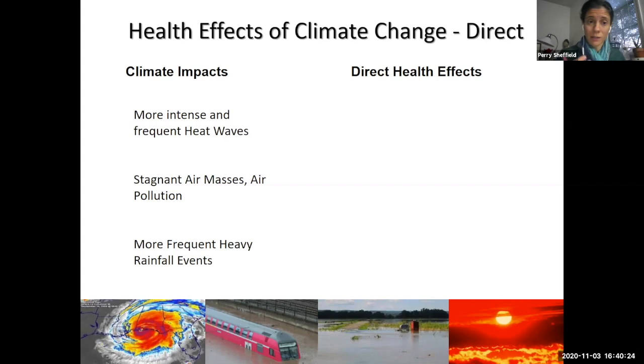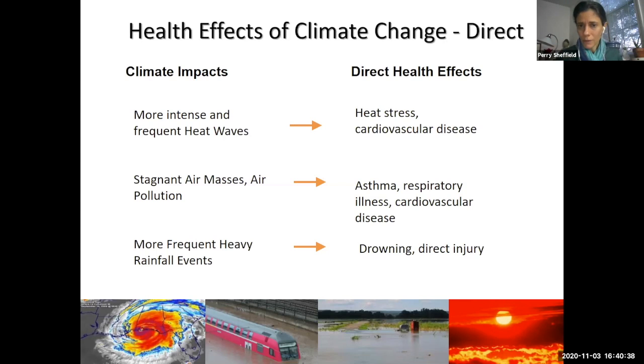Whether that's more intense heat waves, stagnant air masses or air pollution from changing weather patterns, or more frequent rainfall events, those can directly impact humans by causing heat stress and cardiovascular disease events, asthma, somebody mentioned, or direct injury like drowning. Yep, somebody just mentioned the flooding.